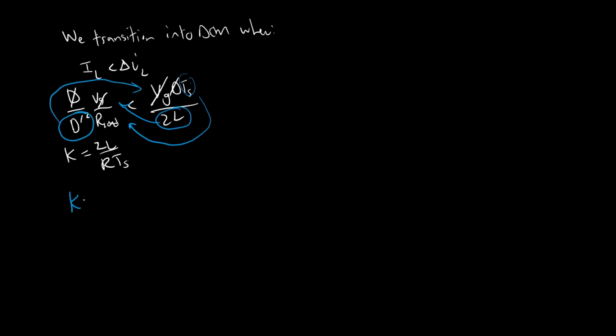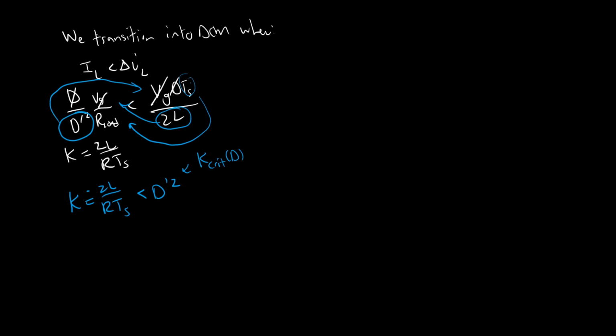So we have K, which is defined as 2L over R Ts, is less than D prime squared. I just rearranged this equation, and 2L over R Ts is K. So this is our Kcrit as a function of D. So for the buck-boost, Kcrit is D prime squared.